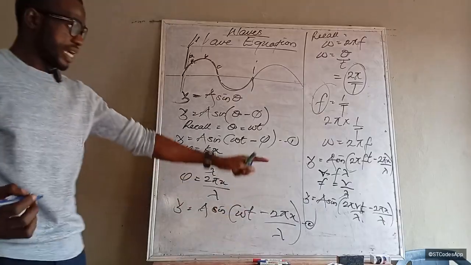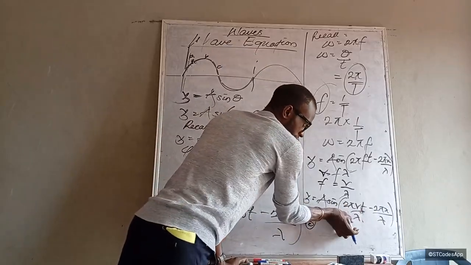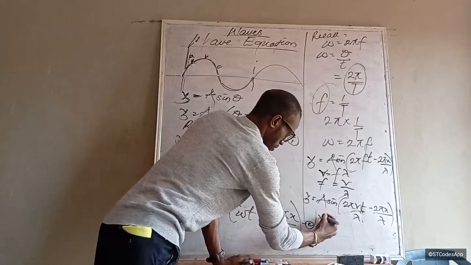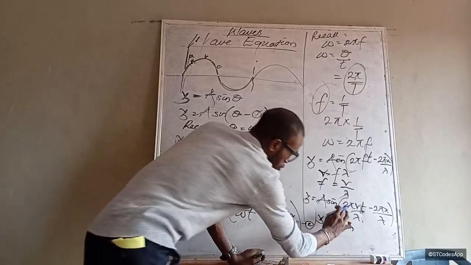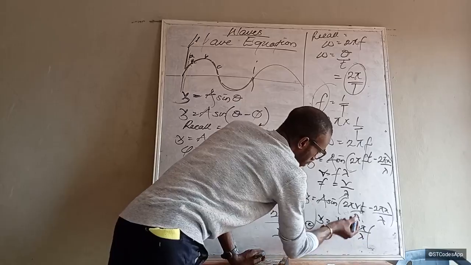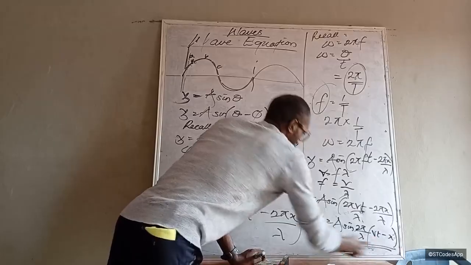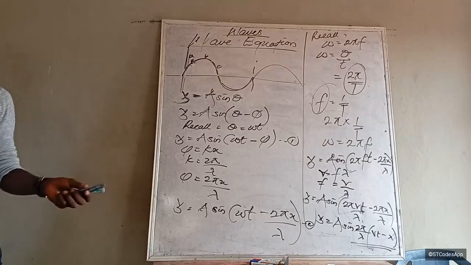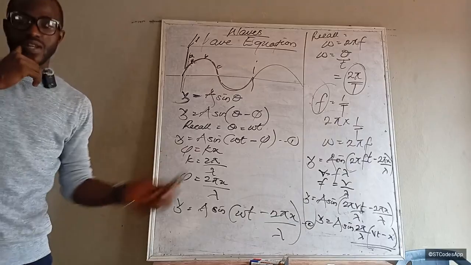Okay, that's equation 4. Looking at this also, you can see that 2 pi over lambda is common. Do you notice? So since it's common, we say y is equal to a sine of 2 pi over lambda times (vt minus x). So this is the last equation we probably need. Is it clear?